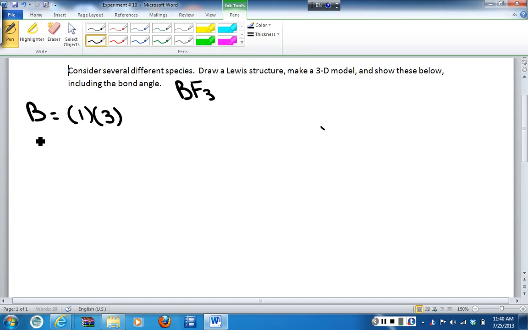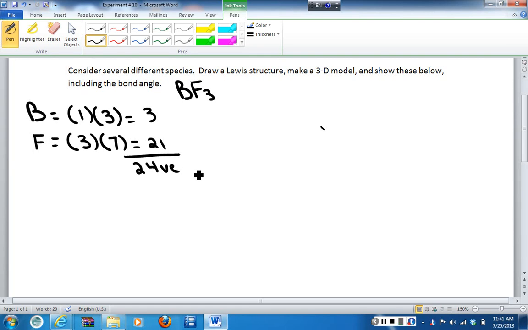For the fluorines, we know from the chemical formula that there are 3 of them, and fluorine is in group 7, so each has 7 valence electrons. When we add these up, we should have a total of 24 valence electrons in our Lewis structure. Remember, this is one of those final check things to ensure that you've properly drawn your Lewis structure. So that's step 1.